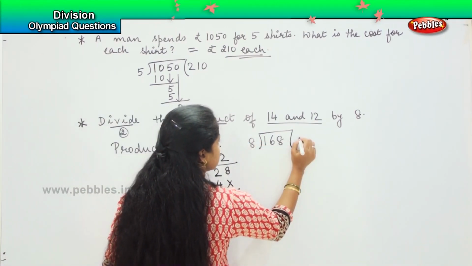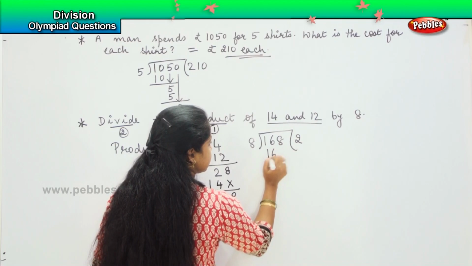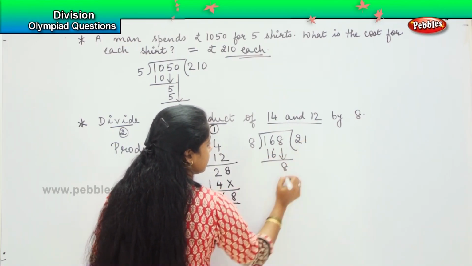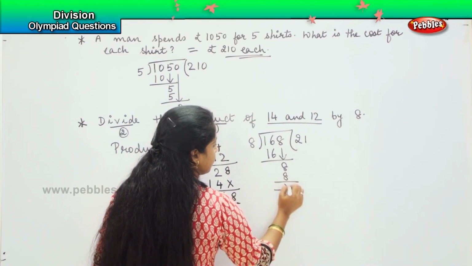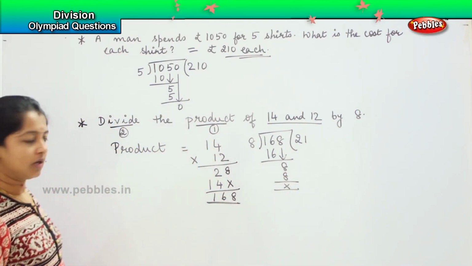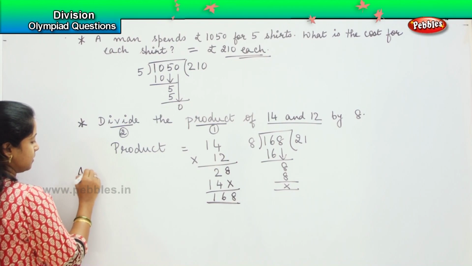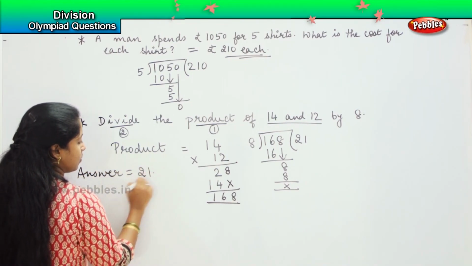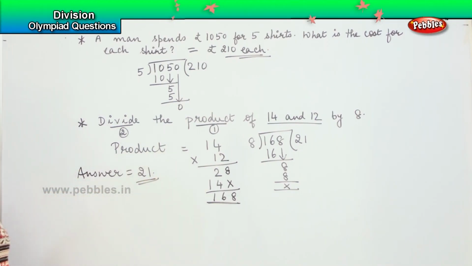So 8 twos are 16. 8 into 1 is 8. So my answer is 21. Did you understand, children? Shall we move to the next sum?